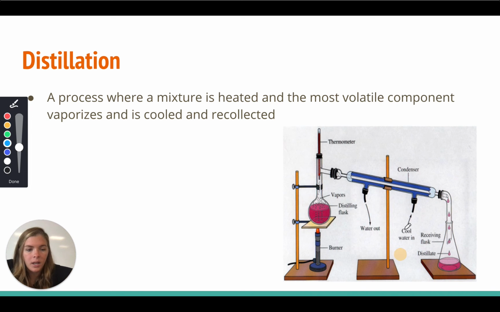There's generally a pipe attached here where cool water goes in and carries around the outside of the inner tubing, and then hotter water goes out. So it keeps it cold. The vapor is going to go into this tube, and it's going to become cooler because of the cold water surrounding it. And then just like condensation in a cloud, when things condense, it rains, it'll slowly turn back into a liquid form and drip into the other flask. So we're separating these two mixtures based on distillation.